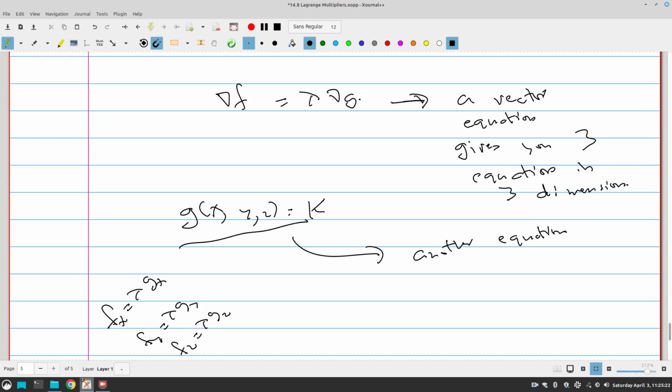Okay, so let's do the two examples from the book, and then we'll move on to 2 constraints.